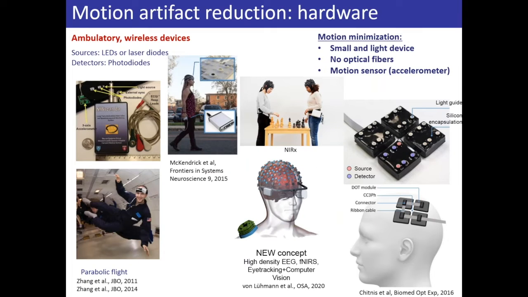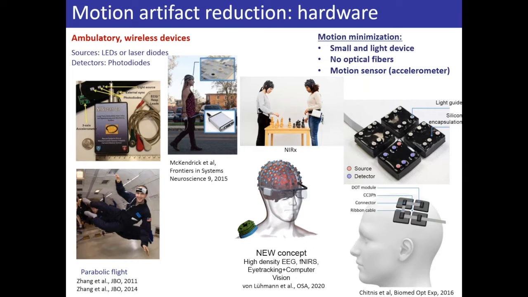There are also advancements on the hardware side that can naturally result in the reduction of motion artifacts. Now we see more and more small and light devices, fiberless systems, and accelerometers directly attached to the system itself.